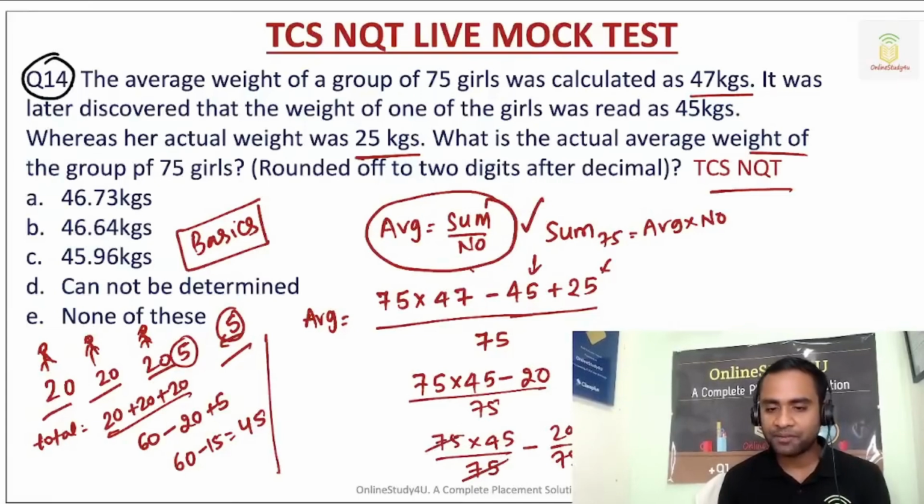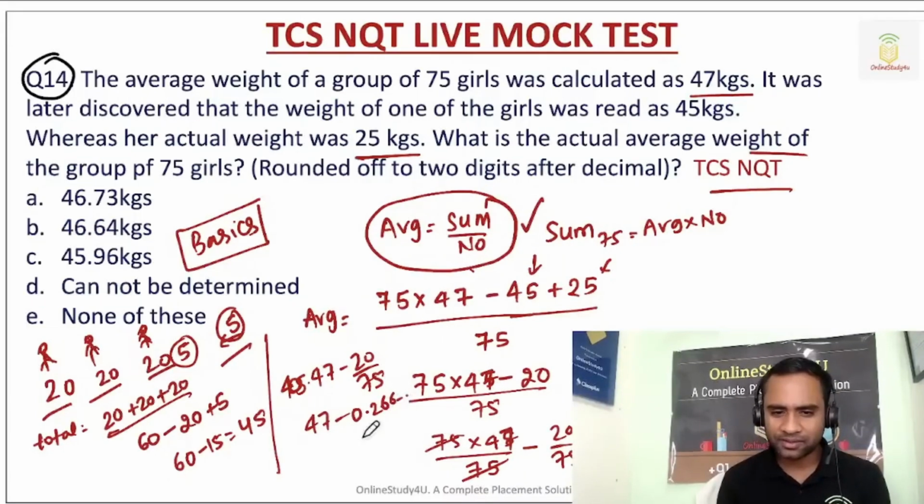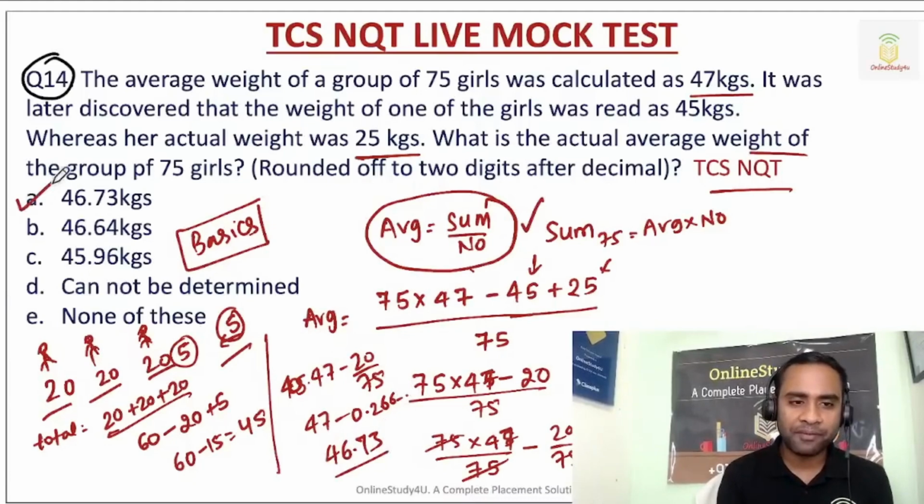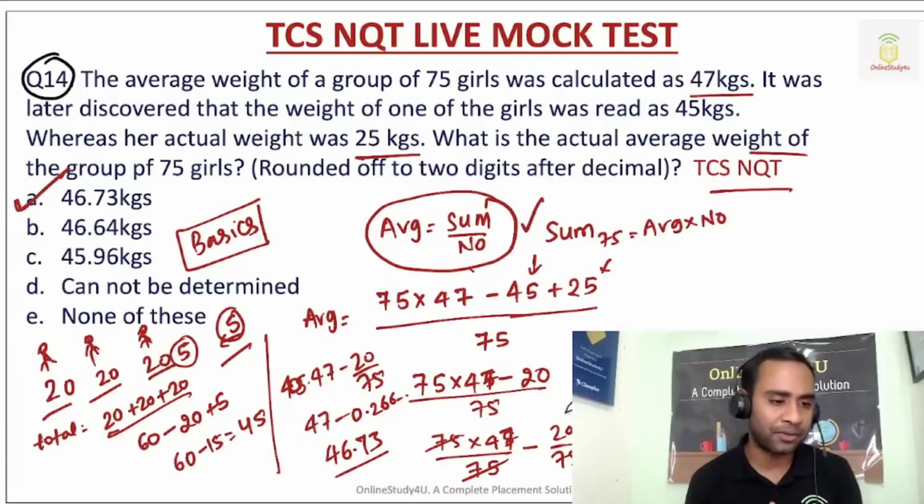So 75 75 cancelled. So this will be 47 minus 20 by 75. So 47 minus 0.26666 and so on, it will be 46.73. So option A will become the correct answer for this particular problem.